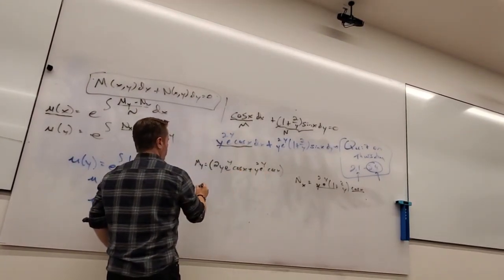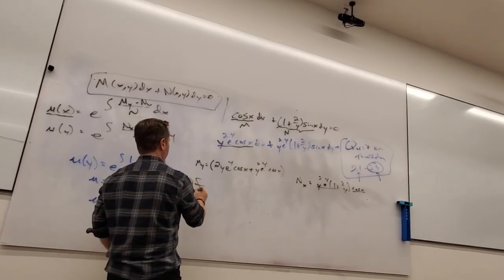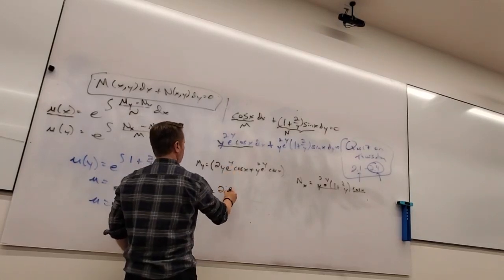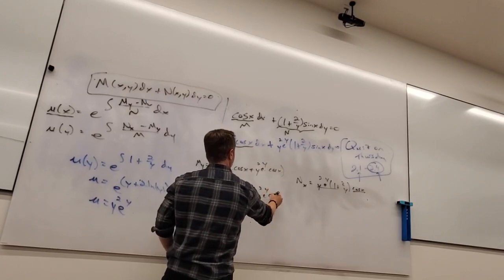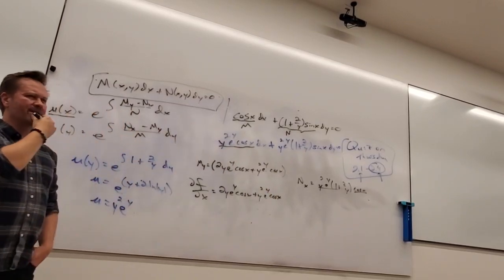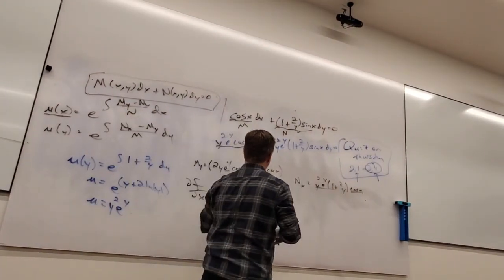All right, so now I know that an f exists. So the partial of f with respect to x, I know that's equal to this business. No, not that business, Jeff. Let's try this again.